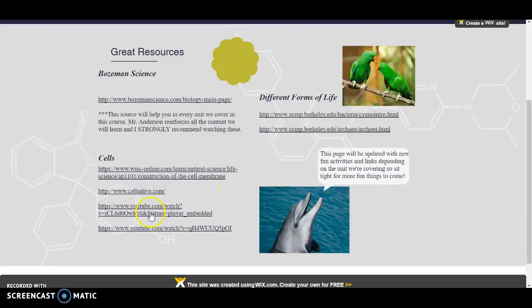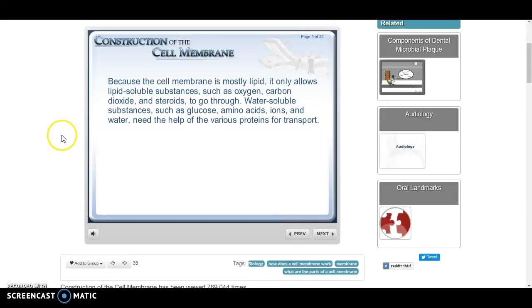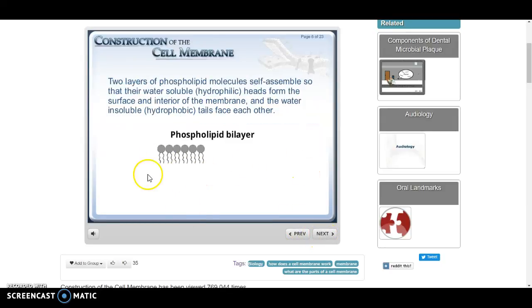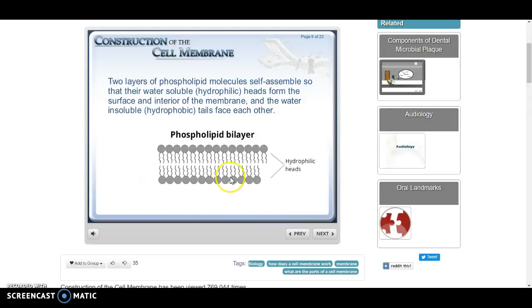There's also a few YouTube videos and some other things over here. There's an explanation of how the cell membrane is formed, and it includes some graphics to help them know better what we're actually talking about, to imagine it in their head so it's an easier thing to picture.